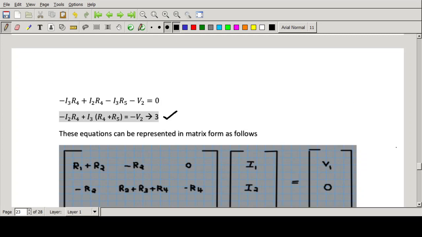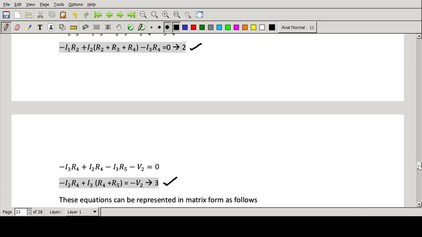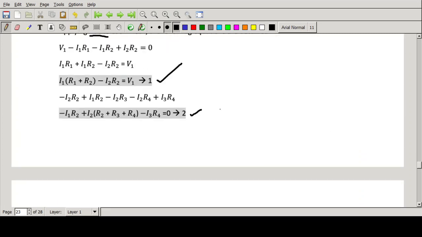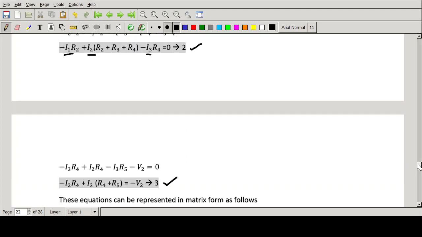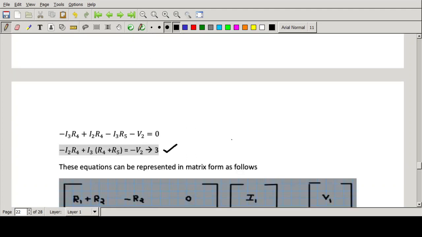If you see these three equations, you can see we are grouping the terms, that is, putting I1 terms together, I2 terms together, then I3 terms. In the first equation there is no I3 term. And in the third equation corresponding to mesh 3, there is no term corresponding to the current I1, only I2 and I3 are there.